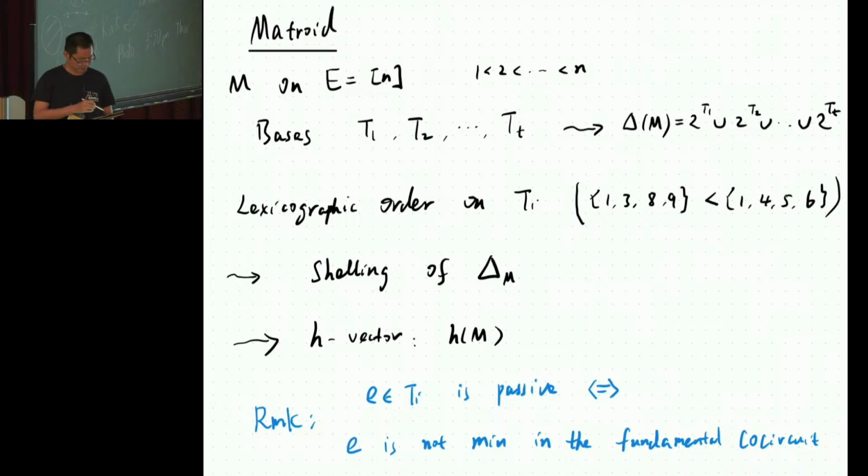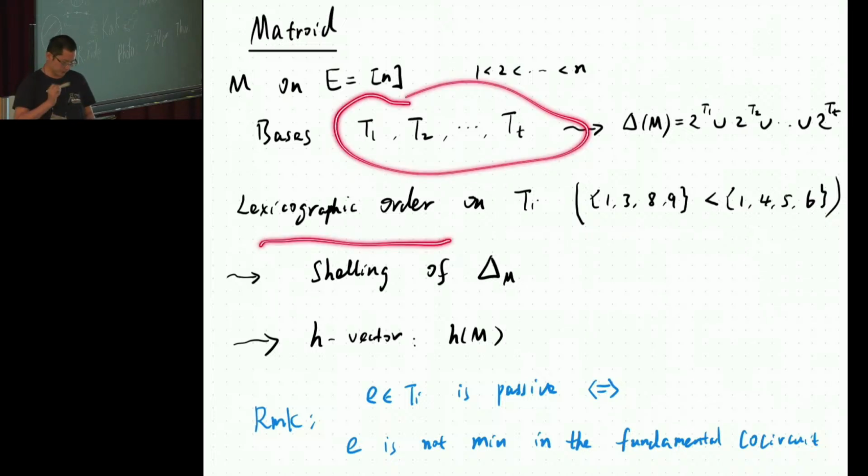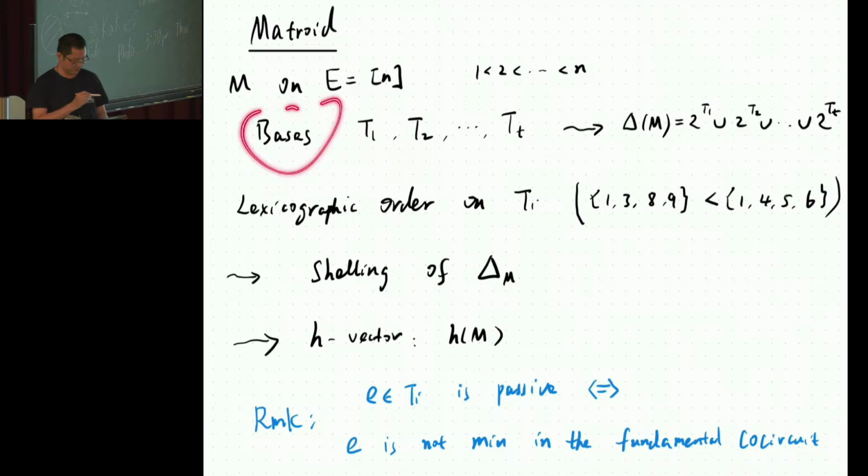So I start with a matroid, then I take all the bases. Then I will get a simplicial complex. If I order these elements in the natural way, 1 is less than 2, and so on, then I can define a lexicographic order on these maximal simplexes, or these bases.